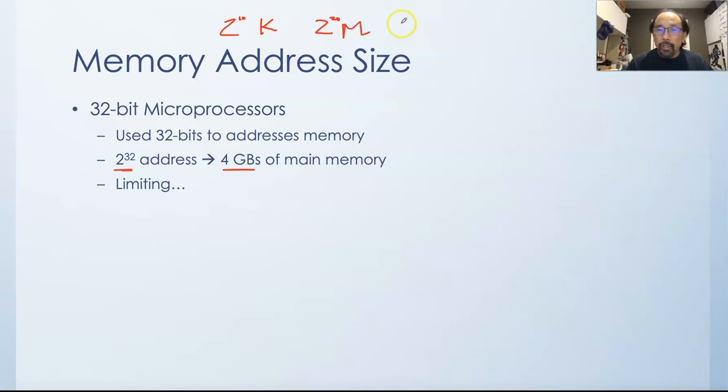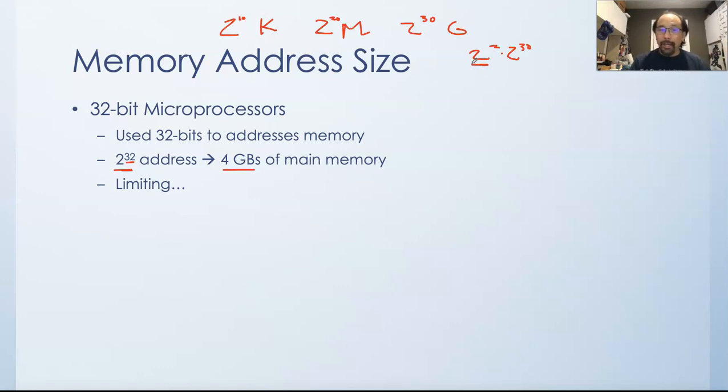And 2 to the 30th power is your gigabyte. Since we have 2 to the 32nd, which is 2 squared times 2 to the 30th, that gets us our 4 gigabytes. But actually, that's kind of limiting.